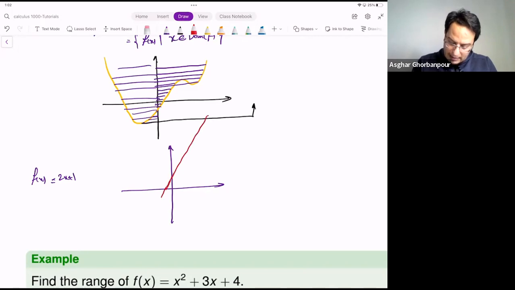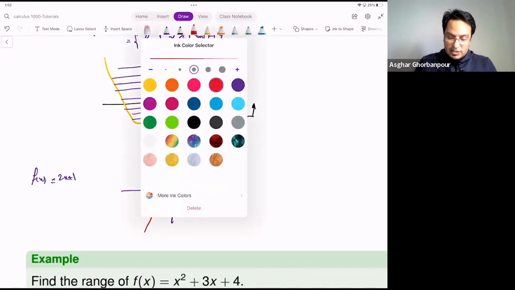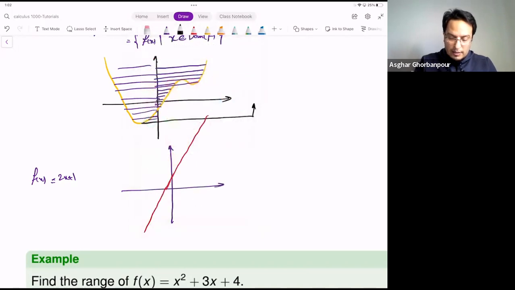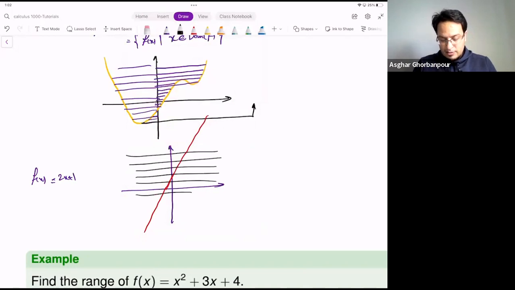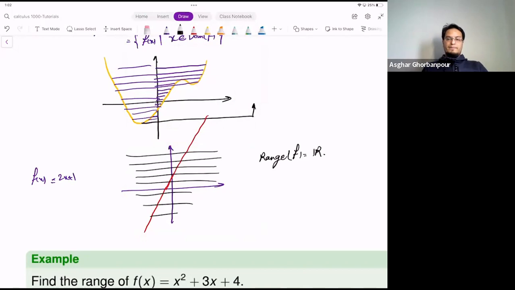Every line which is not horizontal will intersect with all horizontal lines. So that means that in this case, the range of a non-horizontal line is always the whole real line.